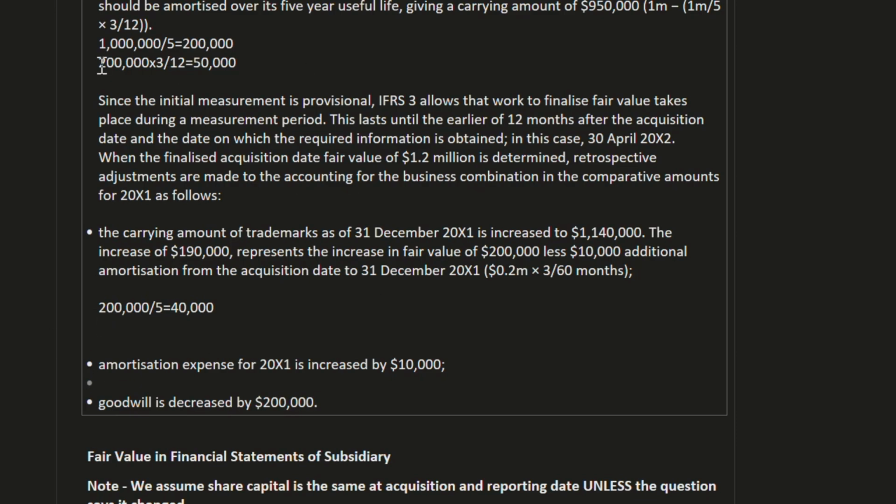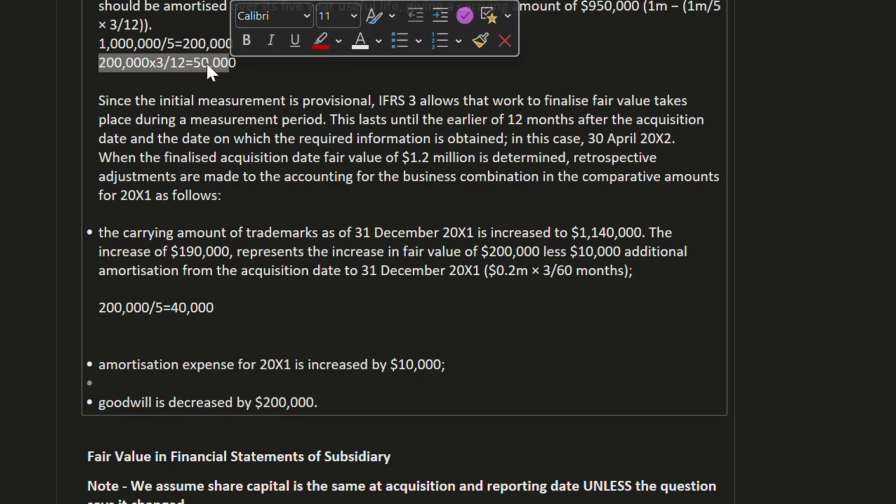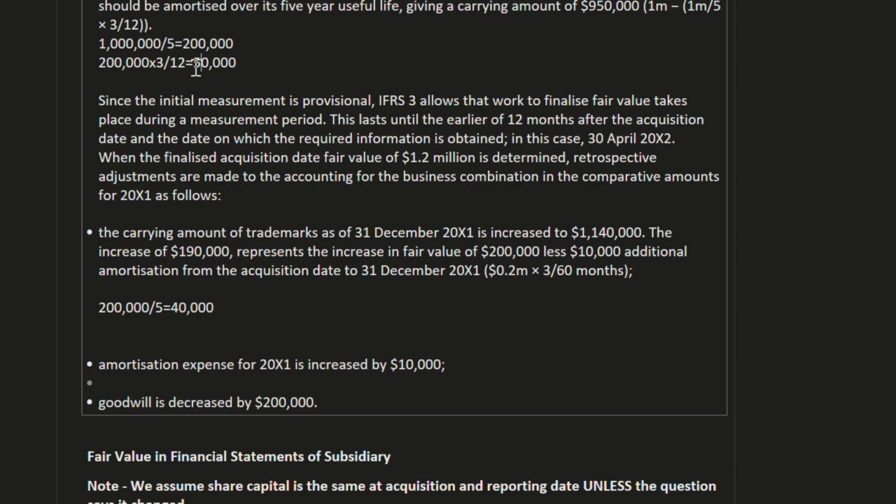We have already calculated the amortization for 3 months on the basis of 1 million carrying value. The amount became 50,000. Now for the additional one, 40,000 multiplied by 3 divided by 12 will be 10,000.